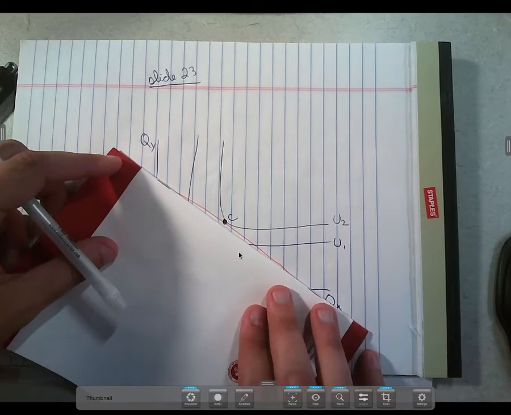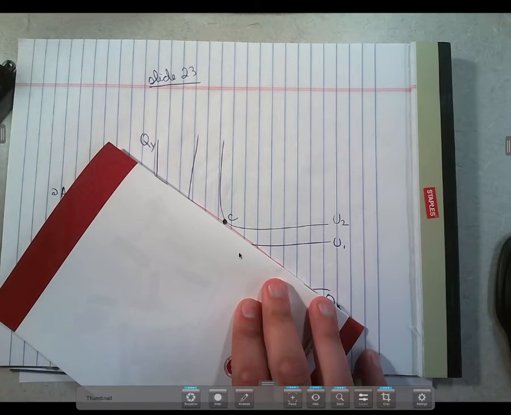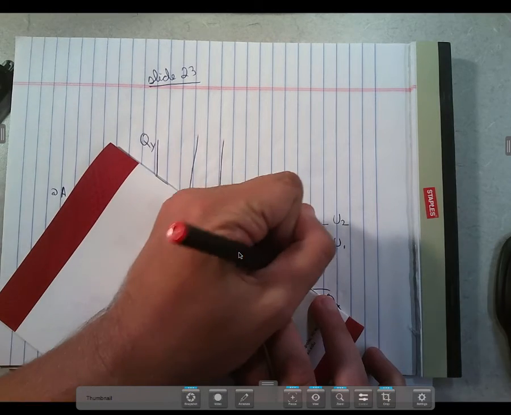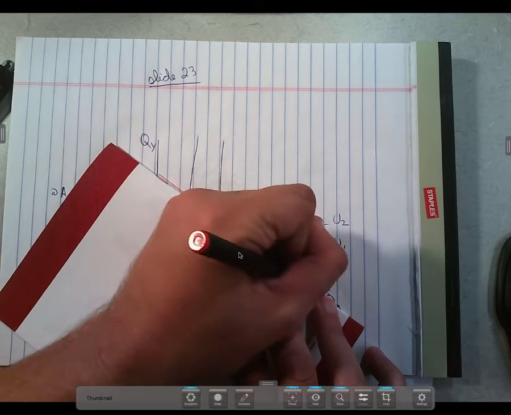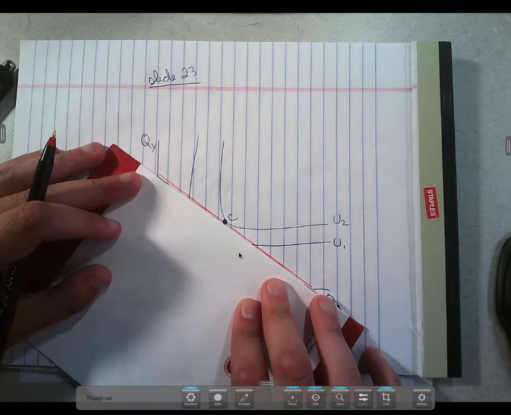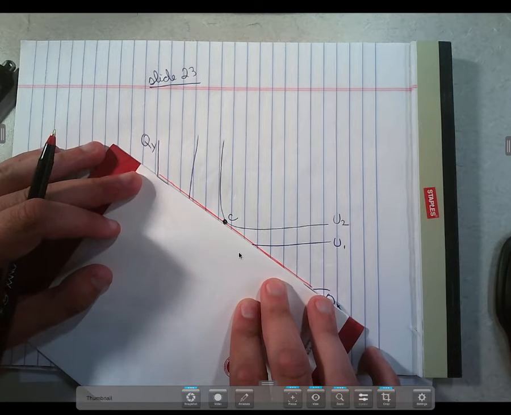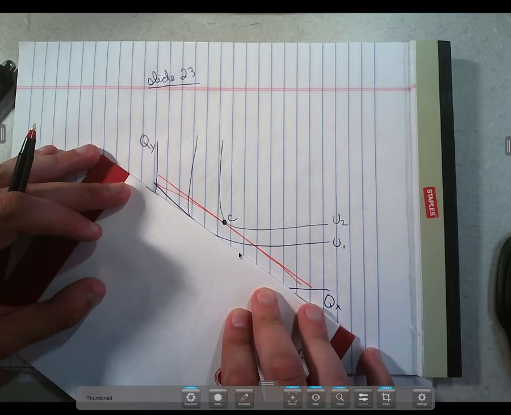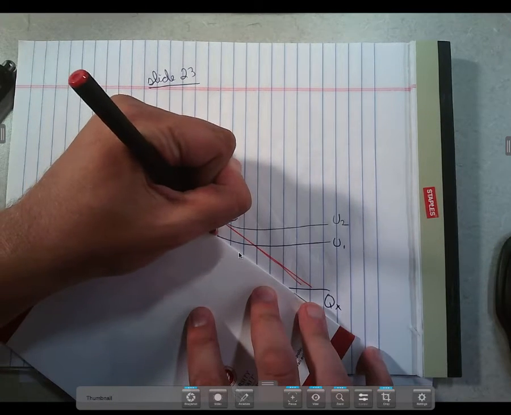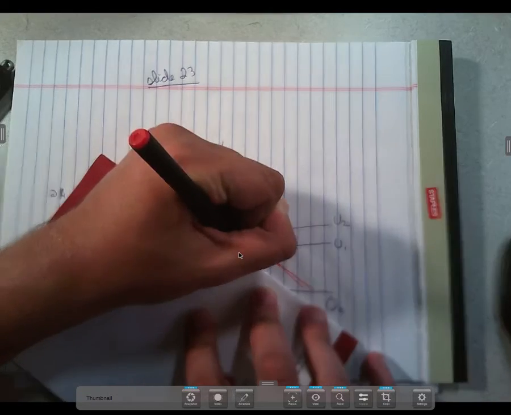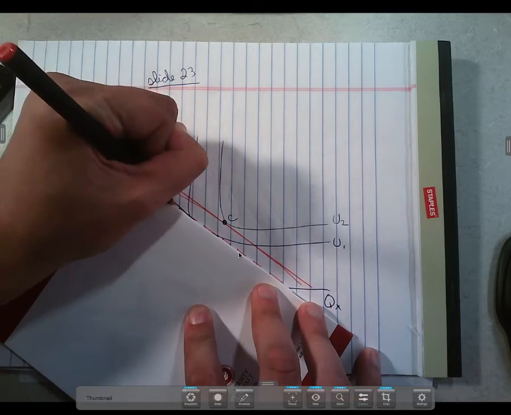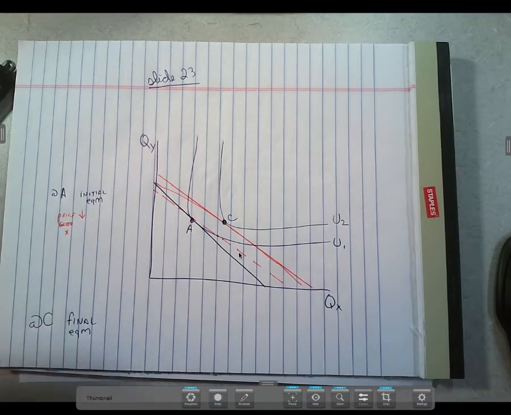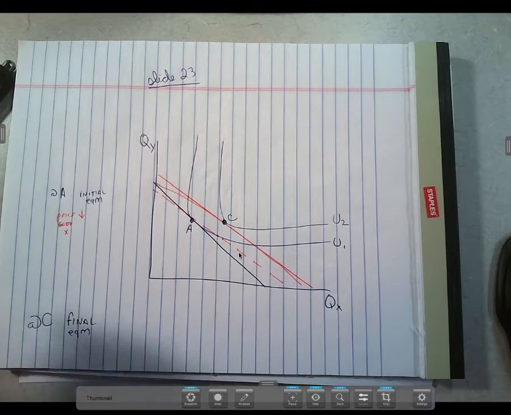Well, if this had been a straight line, let's make it a straight line here. Okay, so there's my straight line, my red line, my new budget constraint line after I lowered the price of good X. Let's parallel shift it inward until it just touches the original indifference curve.